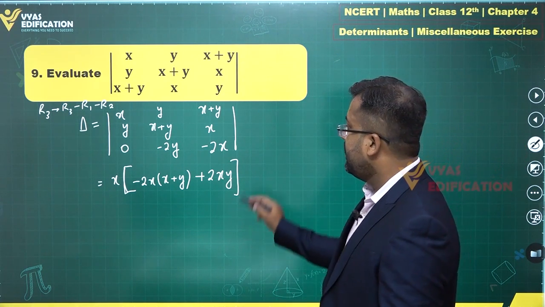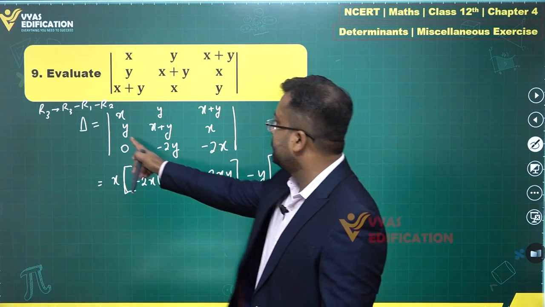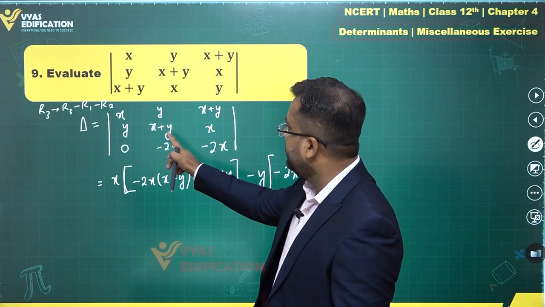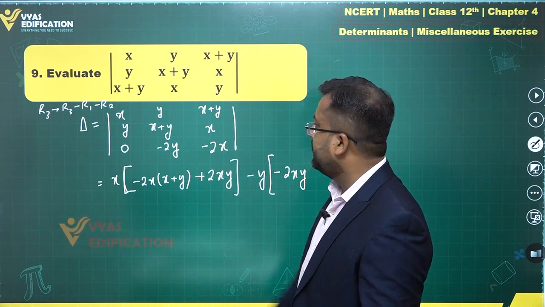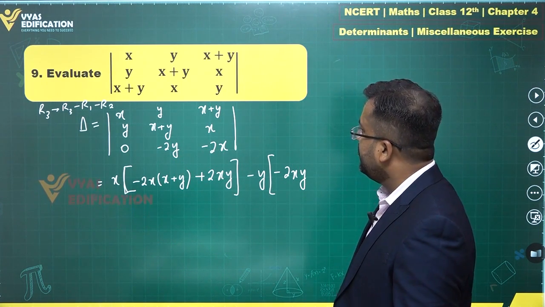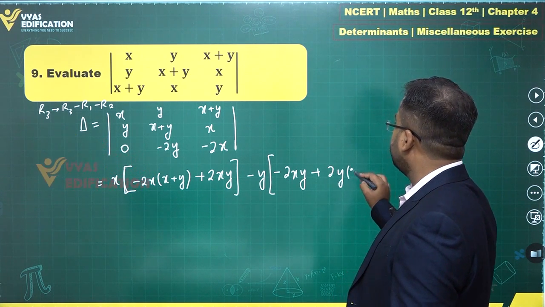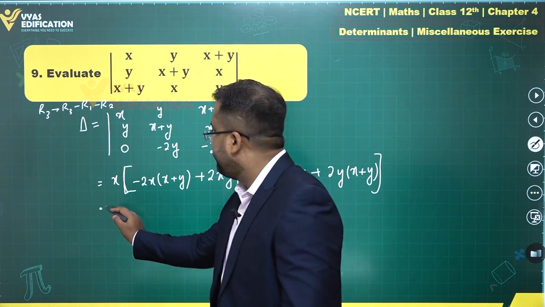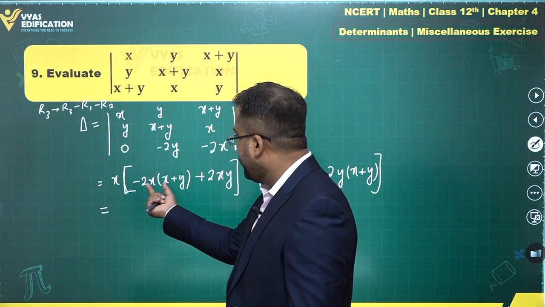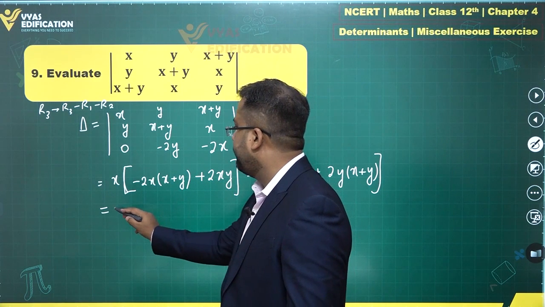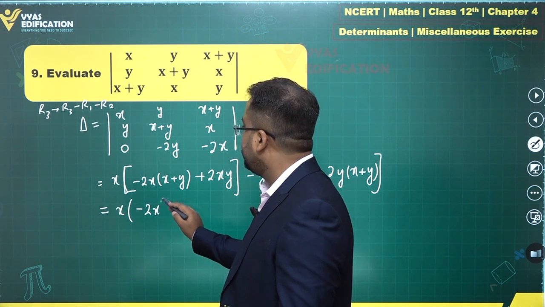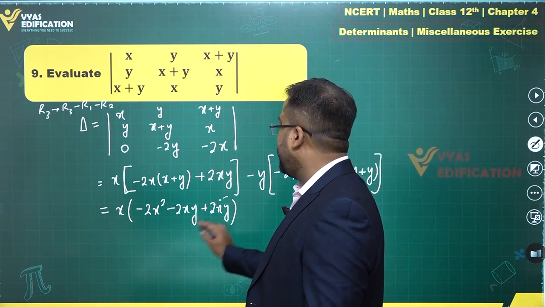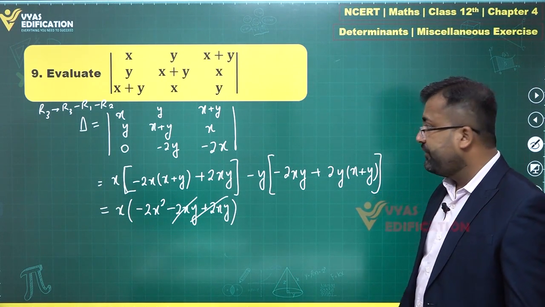This is what I'll be getting. This is the first term. Minus y times the second term, this is minus 2xy, and other than that, this is what you'll get, this into this. Please observe, plus 2y times x plus y. This is what you'll get. Can we simplify this further? Yes. This is x times minus 2x square minus 2xy plus 2xy, and in this bracket these terms will get cancelled, right?